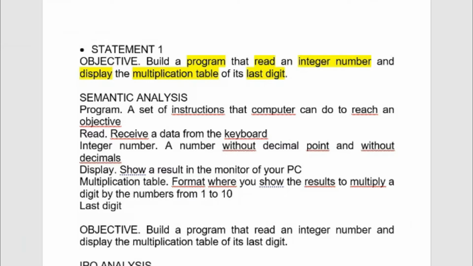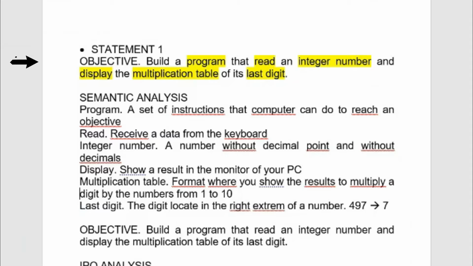And what is the last digit? This is the digit located in the right strand of a number. If the number is 497, the last digit is 7.